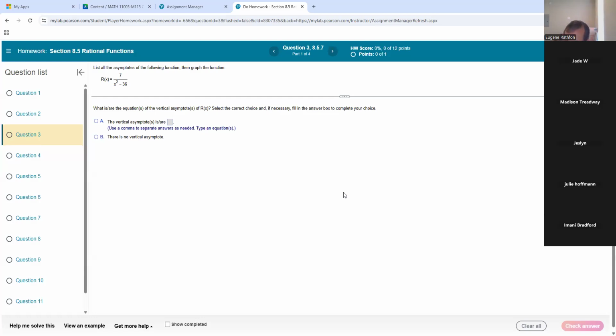They're giving us r of x equals 7 over x squared minus 36. Now it says they want me to find all the asymptotes and then graph it. So I'm just going to graph them on my calculator when it gets to that point and pick one of the pictures. Because all you got to do is pick pictures on this section, okay? So let's go find these asymptotes.